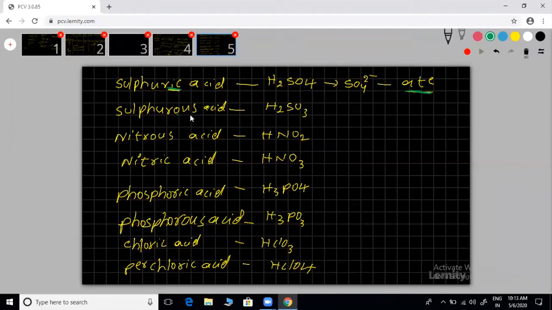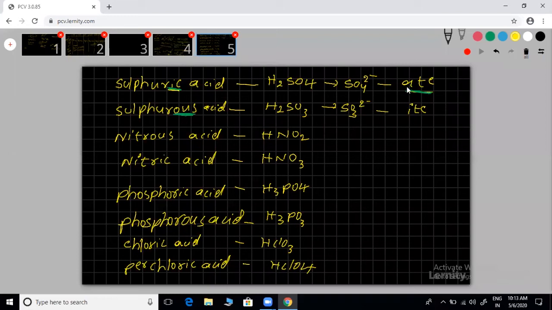Us acid, OUS. So SO3 2 minus ends with ITE. Sulfuric acid, sulfate. Sulfurous acid, sulfite.